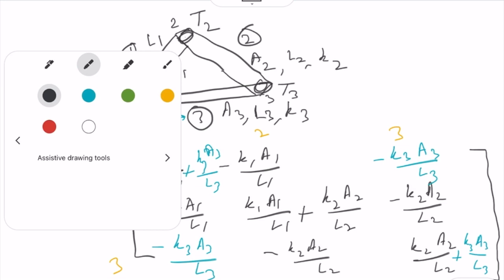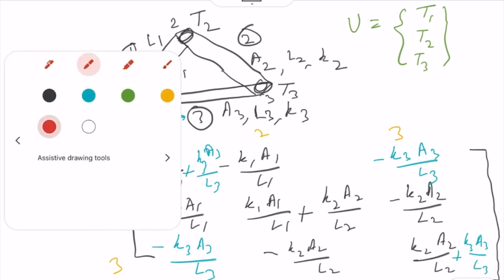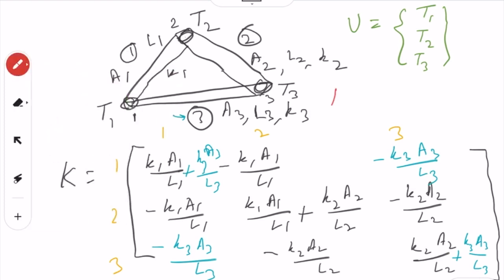Similarly, we can write the displacement vector, which will be equal to T1, T2, T3. Then we can write the force vector F, again in terms of q1, q2, q3.